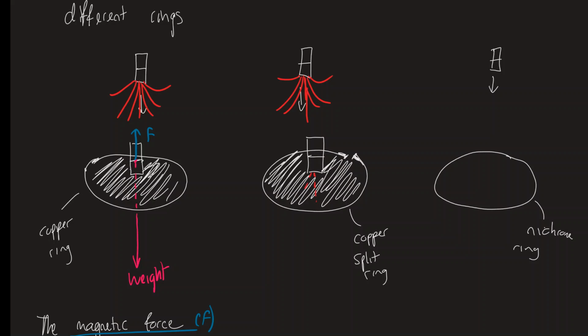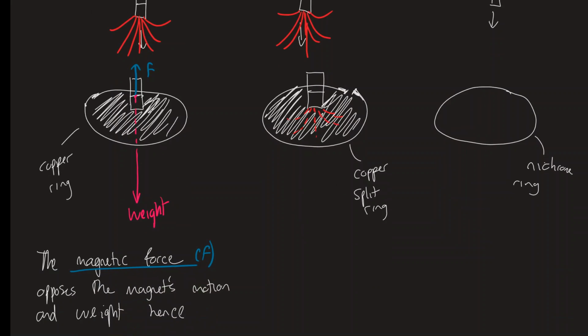Just draw in dashed lines to show that. So there's definitely a change in flux, so an EMF must be induced, because flux linkage N phi through the loop changes.